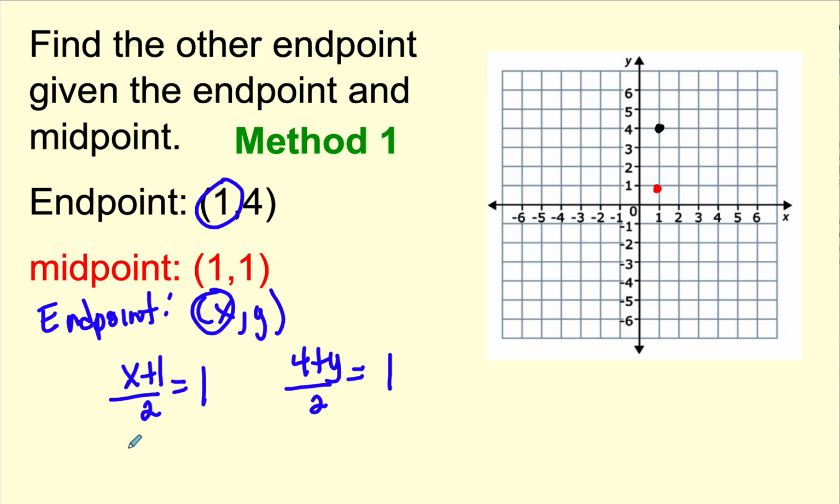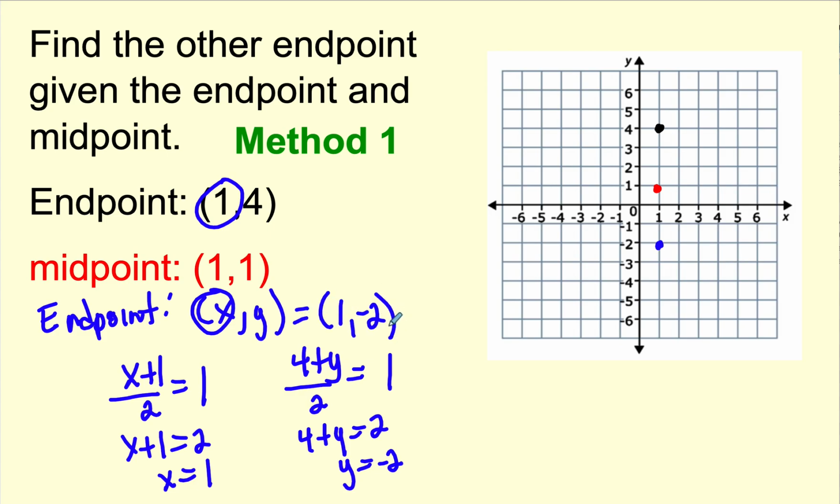I'm going to multiply both sides by 2, so this will be x plus 1 is equal to 2, and therefore x is equal to 1. Over here, multiply both sides by 2, 4 plus y is equal to 2, and y is equal to -2. So it's telling us at 1, -2, this is where the other endpoint is. So the other endpoint is 1, -2, and that looks right.